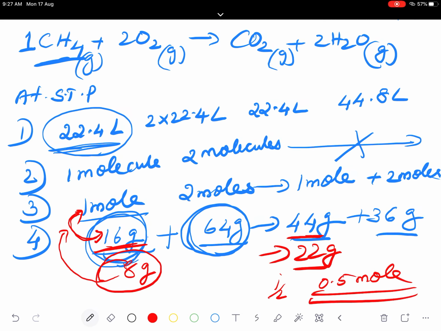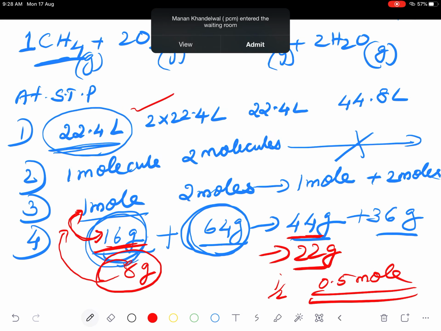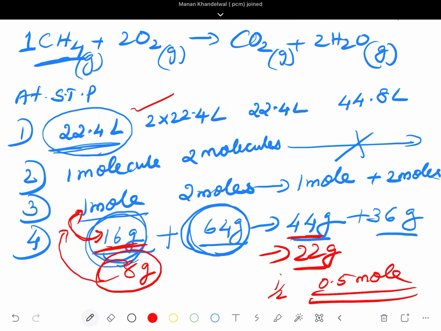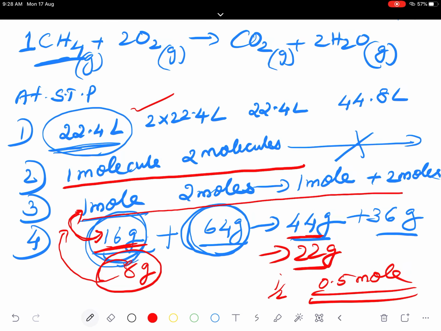Once again, you have to write the balanced chemical equation. A balanced chemical equation will give you much information: in terms of volume, if all the reactants and products are in gaseous state, or in terms of molecules, or in terms of moles, or in terms of weights.